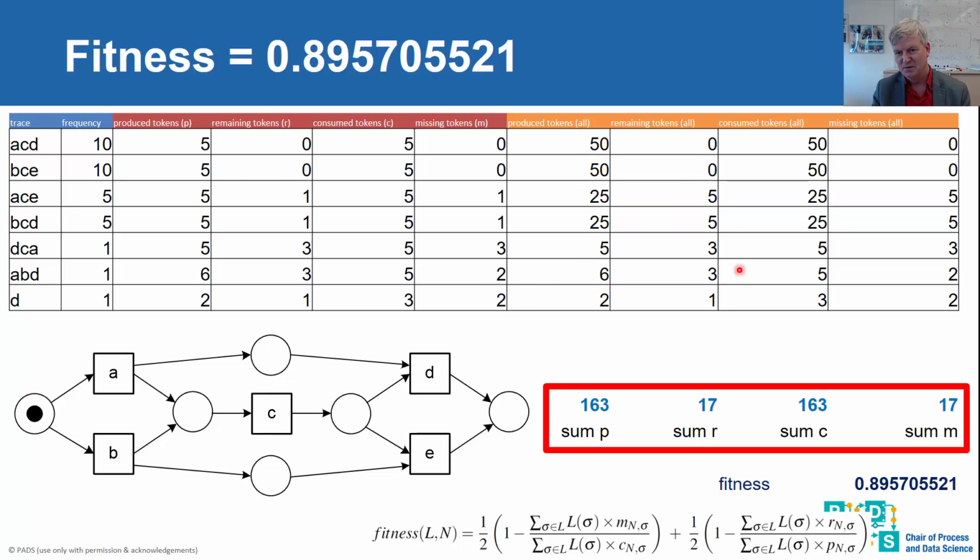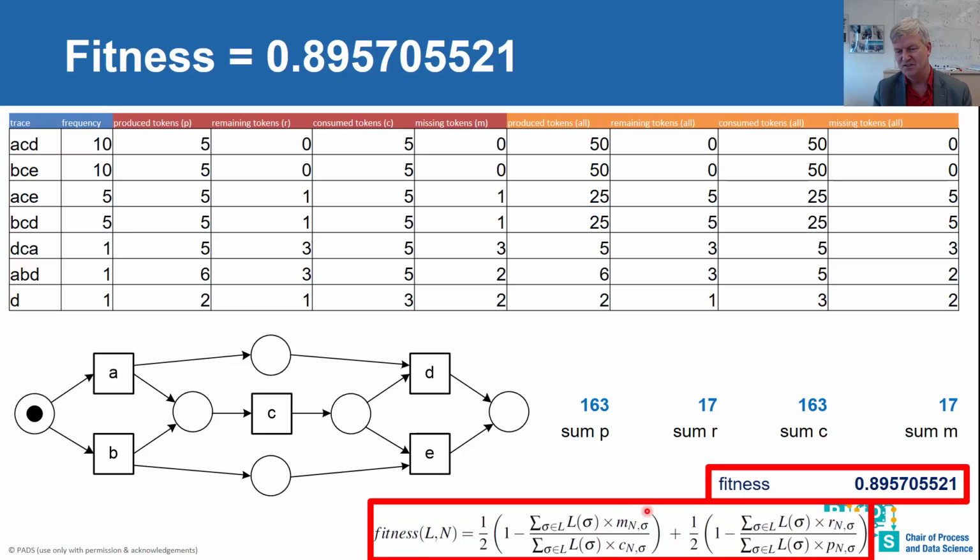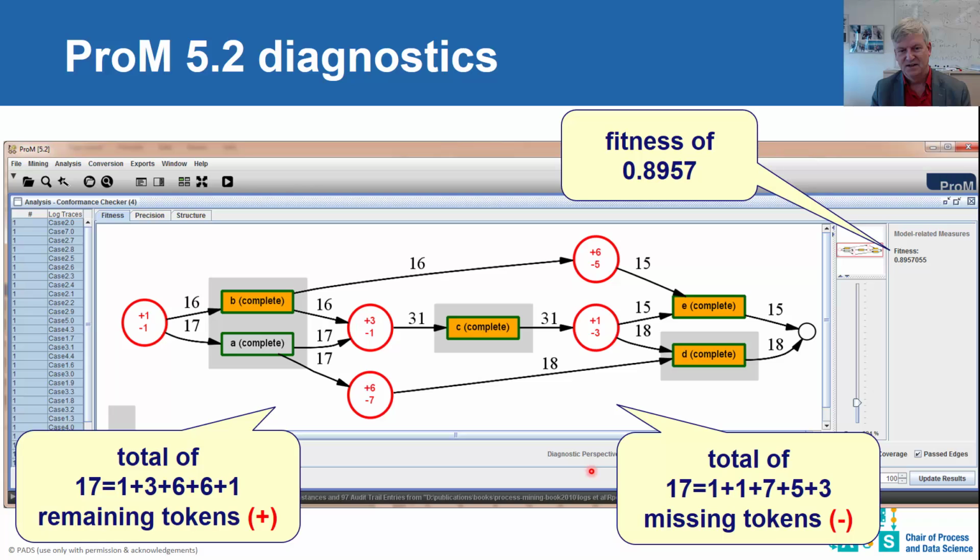So we add up all the 4 columns, and then we fill this out in the formula, and this is the fitness value that we get based on this. And here are the diagnostics. What you should notice is that ProM reports exactly the same number as I just computed by hand.